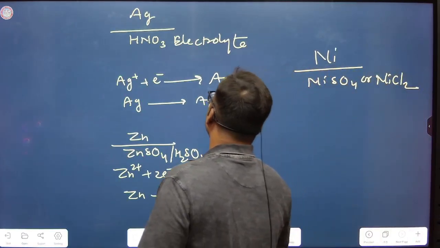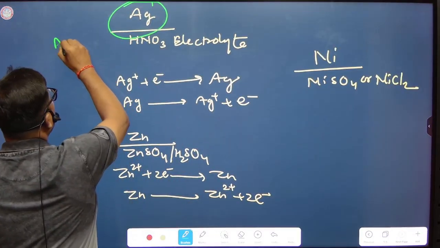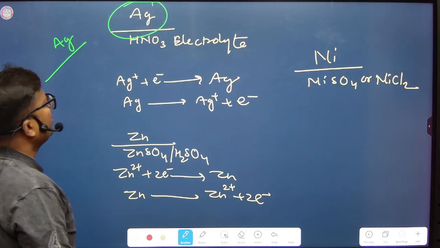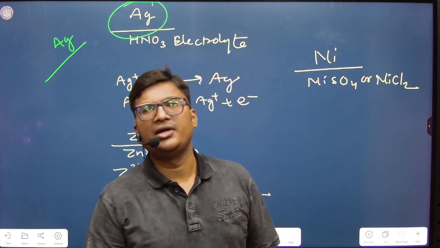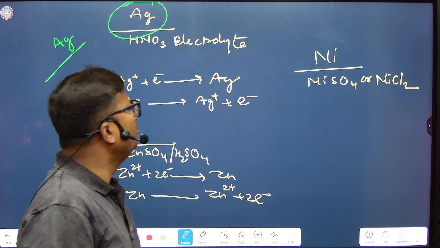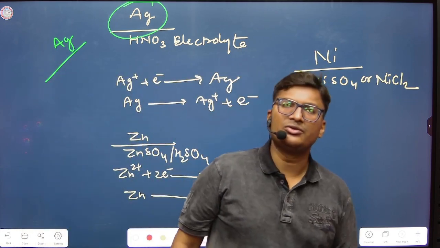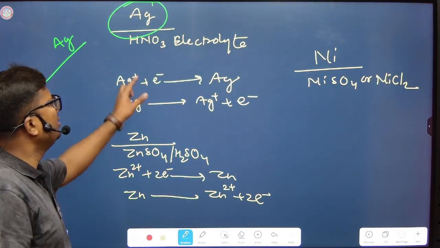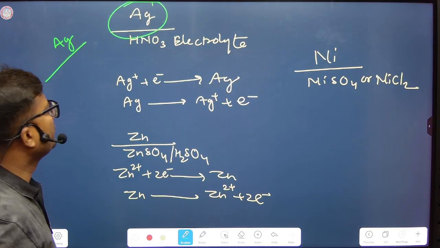So in the case of silver extraction, similar to copper extraction, Ag extraction requires HNO3 as an electrolyte, right? That is nitric acid, because silver is soluble in nitric acid, it forms AgNO3. So AgNO3, silver nitrate, is soluble, right? So that is why this kind of electrolyte is chosen here for the extraction of Ag.